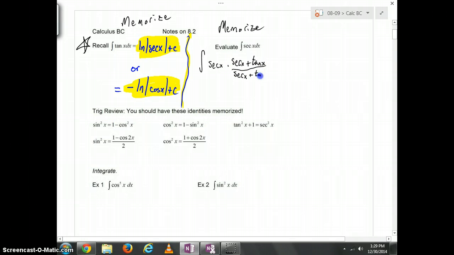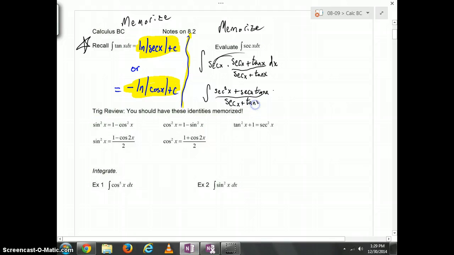You could have tried different u substitutions and so forth. But what I'm doing right here is I'm multiplying actually by 1: secant of x plus tangent of x over itself. And if we were to distribute up on top, we'd get secant squared of x plus secant x tangent x. And then we'd have our denominator just being the secant of x plus the tangent of x.